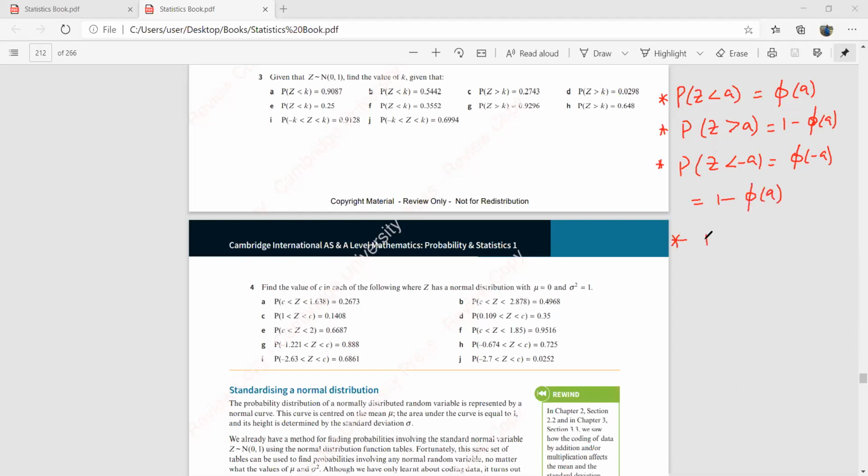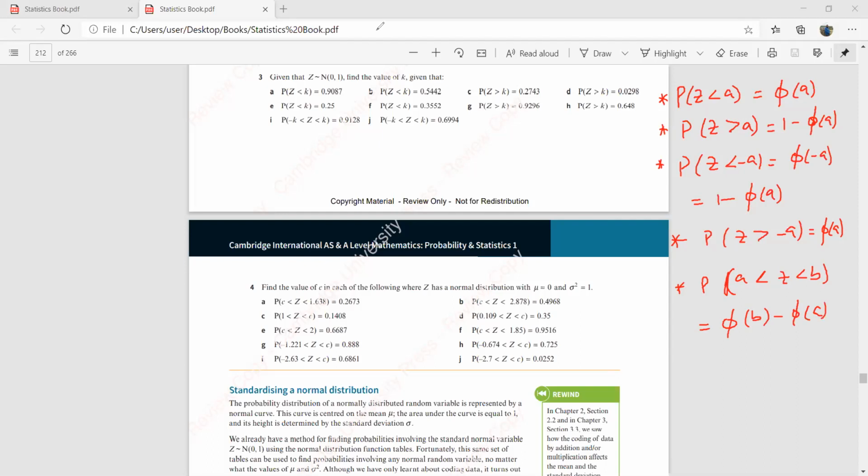Then probability Z is greater than minus a was directly written as phi of a. Then Z between a and b was written as phi of b minus phi of a.